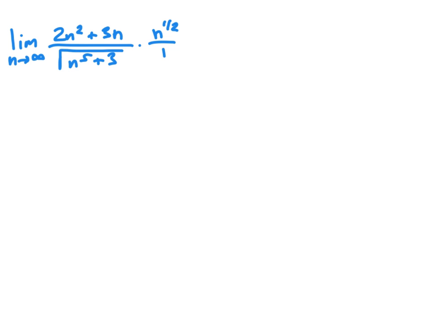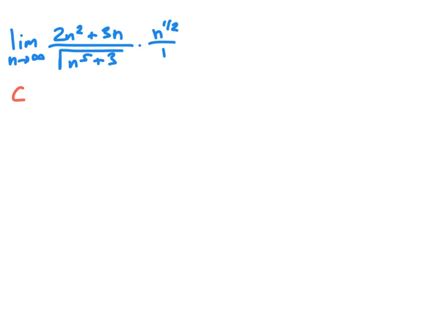So we want to compute the limit as n goes to infinity of 2n squared plus 3n over the square root of n to the 5th plus 3. And we want to divide this by the series 1 over n to the 1/2. And so I'm just going to go ahead and write that as n to the 1/2 over 1 by multiplying by the reciprocal.